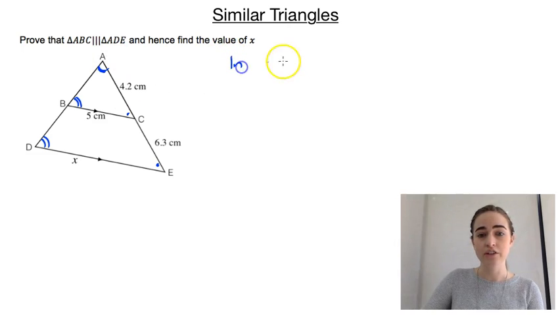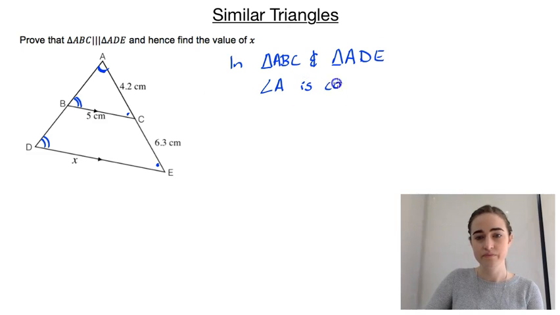So we've got in triangle ABC and triangle ADE, we've got angle A is common. We've got angle ABC is equal to angle ADE.